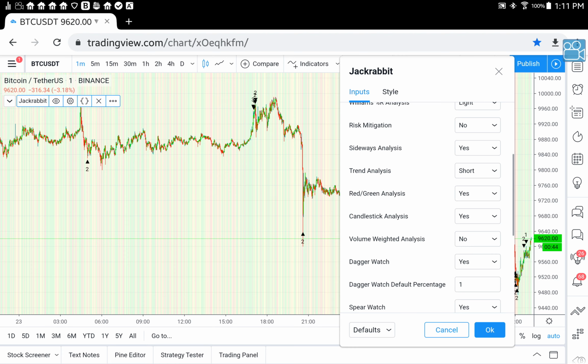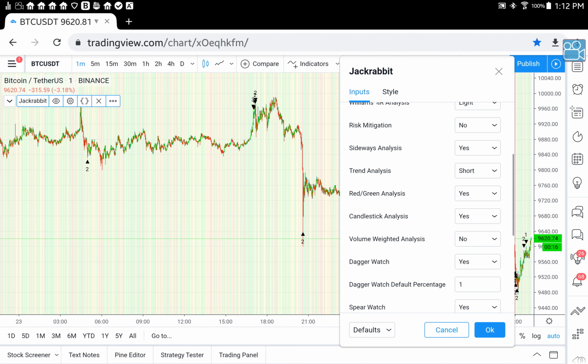Now I've tried to rank them on the basis of most important and most used in the settings menu. The risk mitigation filter is by far the strongest filter of all of the filters. It uses support and resistance aggressively to weed out anything that doesn't fit within that radius.